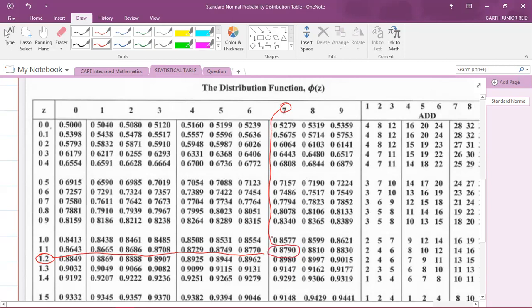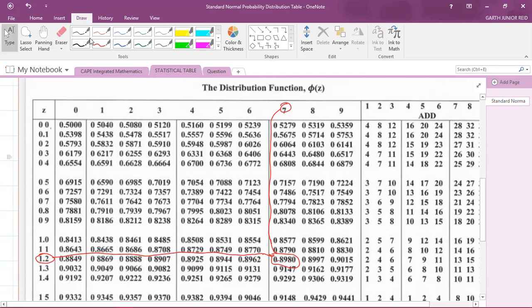Zero point 0.89. Oh, sorry. I was looking at the wrong one. It's the one here, right? This value here. Yes. So the probability for when z is less than or equal to 1.27 is going to be 0.8980.